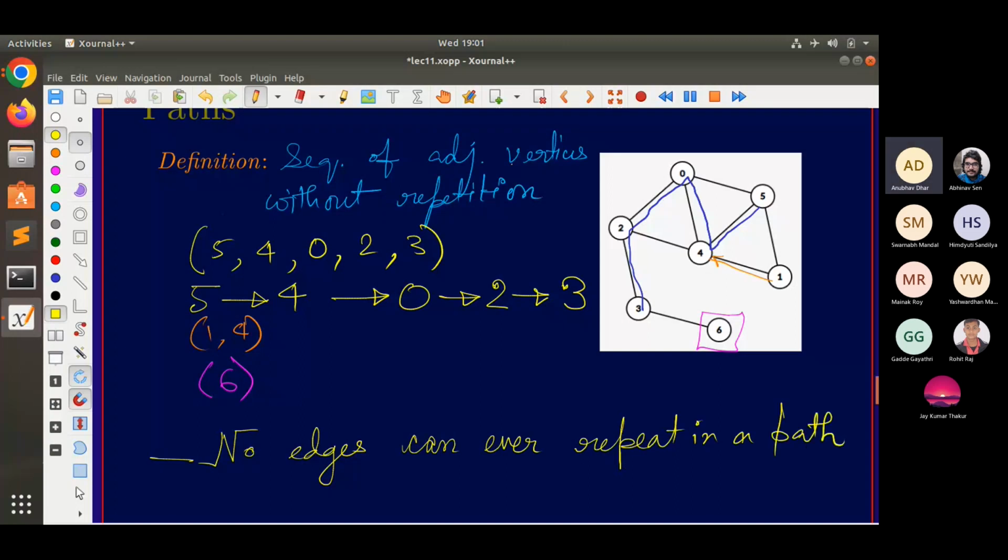So in a path, we only talk about a sequence of adjacent vertices without repetition. That means we are talking about repetition of vertices, but can we say that edges are also not repeated, or can you find a path such that one particular edge is repeated twice? Anyone?